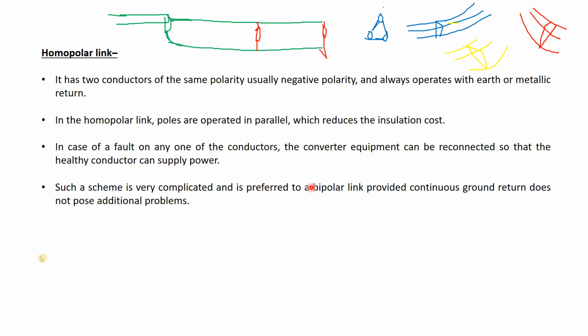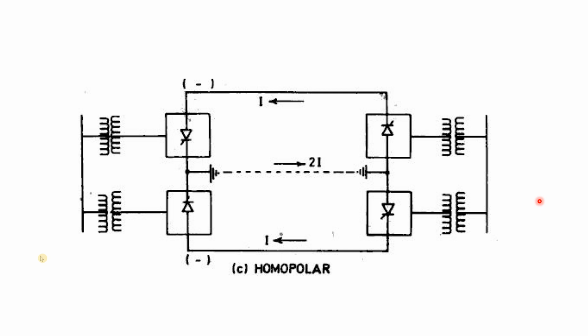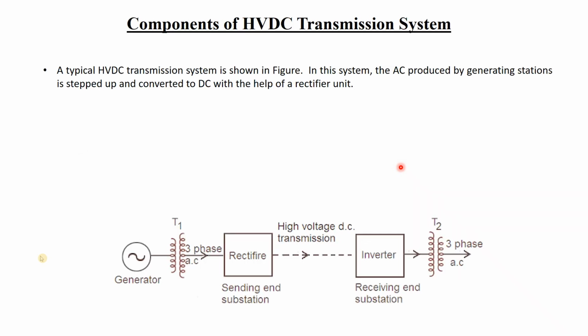So you have to keep these things in consideration and monitor very carefully, as there is risk of fault also. That is why it is said that continuous ground return should not pose additional problems. If it does not, then it is okay. So this is the disadvantage. Otherwise it is better compared to bipolar, because it has double the current carrying capacity and power transmitting capacity.